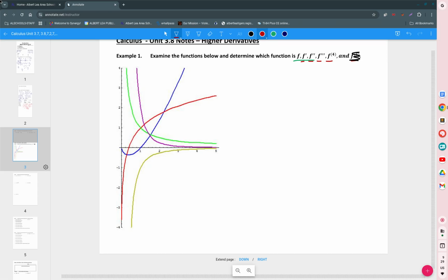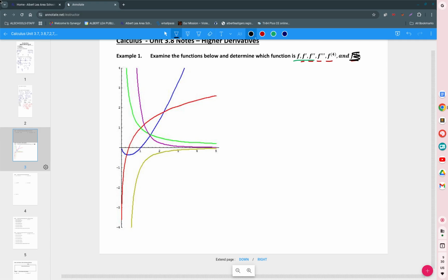But if you look at it, this one has a derivative of 0, and it looks like the red one has a spot where it crosses the x-axis at that same location. You see that? Whereas the blue one crosses the x-axis here. Is there any function that has a derivative of 0 at that spot? No. So the blue one cannot be a derivative.